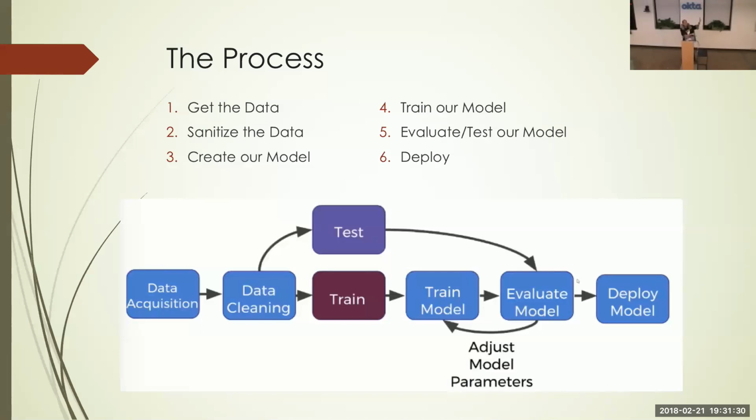Let's say you have 1,000 entries, and you divide it up. In class, we've been doing 70% to 30%. You're the data scientist, you get to decide. That's the fun part. 70% will be the training data.